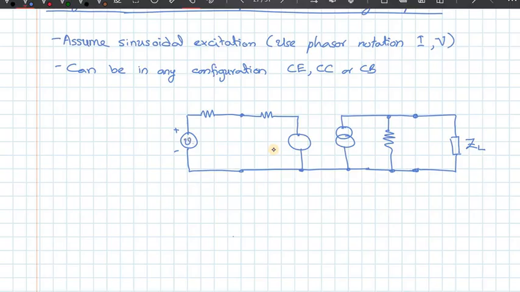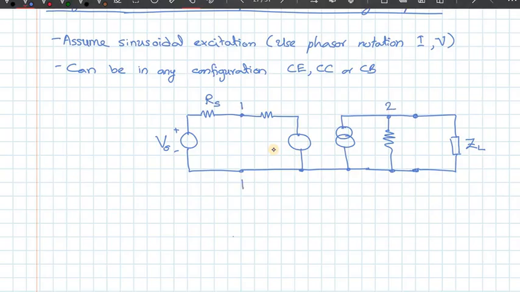So this is my Vs. Let me use phasor notation, so this is capital V, subscript S. This is my input source resistance, and I have the two-port device with ports 1 and 2.